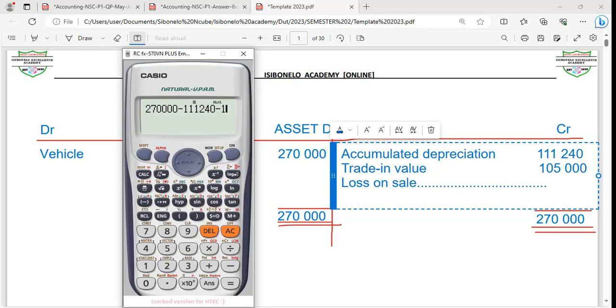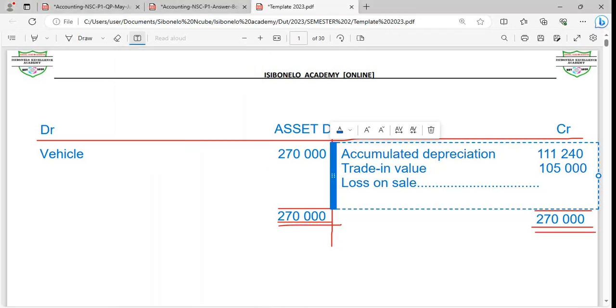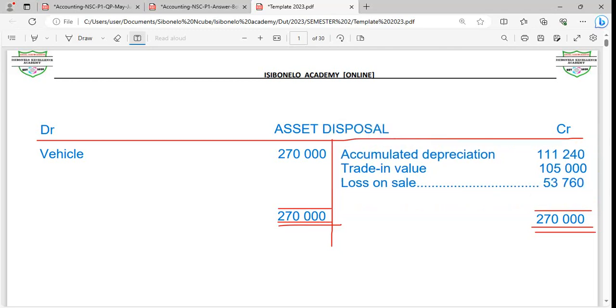So guys, I am getting 53,760. Please make sure that you also use your calculator at home to confirm these answers. So guys, this is the loss on sale. Now we are done.